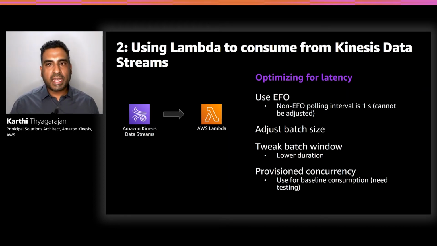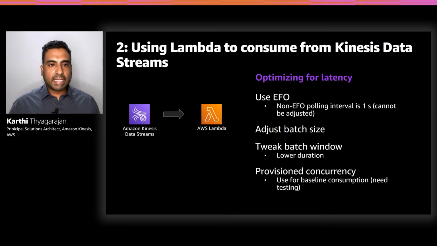When you're not using enhanced fanout, this polling interval is fixed at 1 second. So that's the floor when using Lambda for end-to-end latency. Whereas when you use enhanced fanout, that latency can be as low as 70 milliseconds or better. So that's a no-brainer when it comes to optimizing for latency with Lambda.